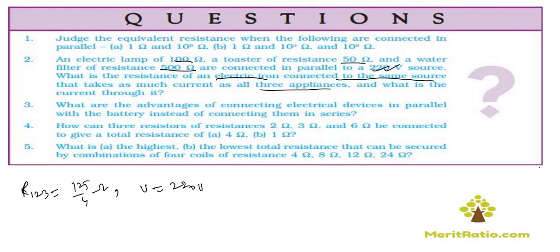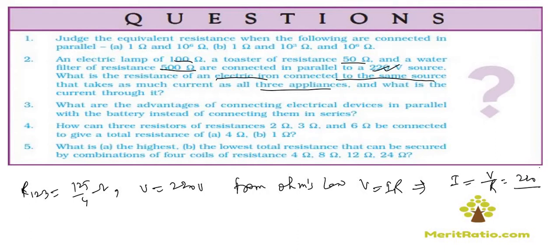So from Ohm's law we can obtain the value of V is equal to IR. This implies I is equal to V upon R. So we can write 220 upon 125 by 4. So the value of I will become 220 into 4 upon 125.